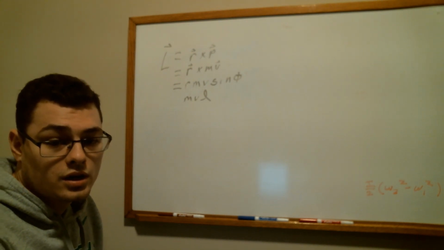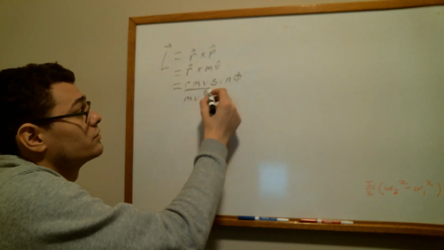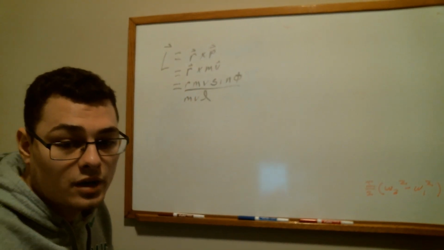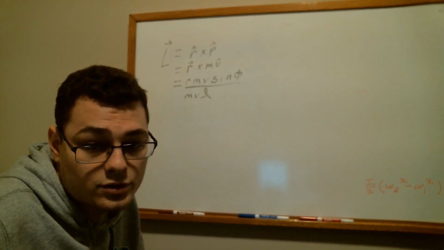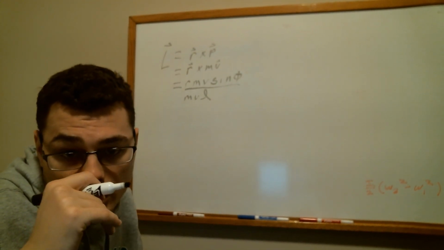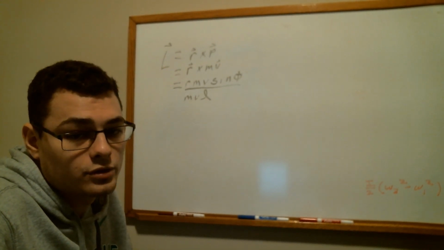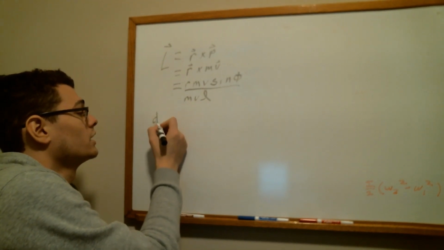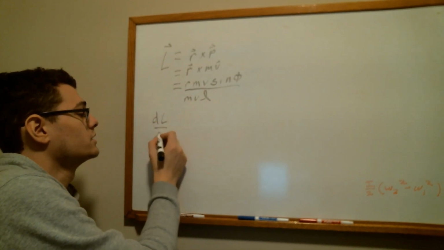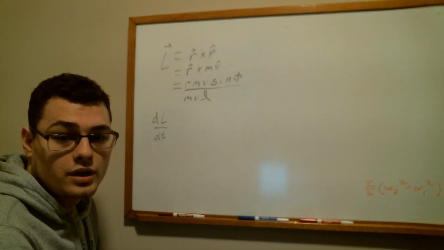So in this case, this is just the equation that you want to use for angular momentum calculations for the most part when you're talking about it in an algebraic sense of the word. But there's a couple things that we can do here. If we take the time derivative of this equation, we get dL/dt, or the change in angular momentum per infinitesimal time.